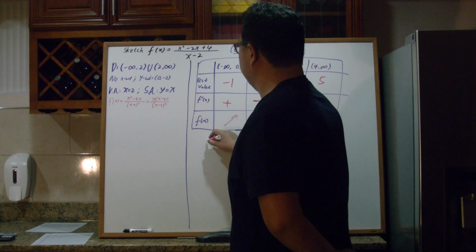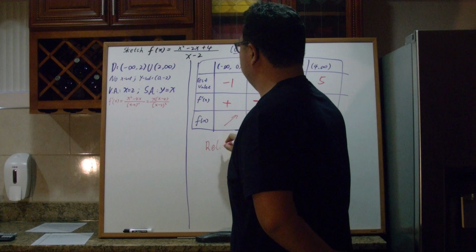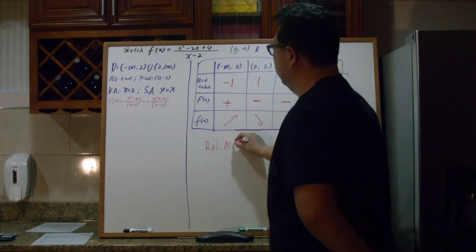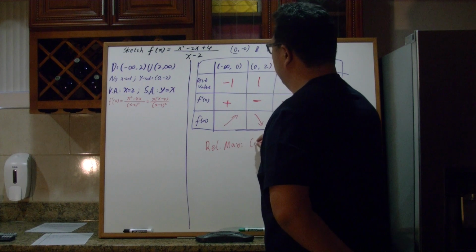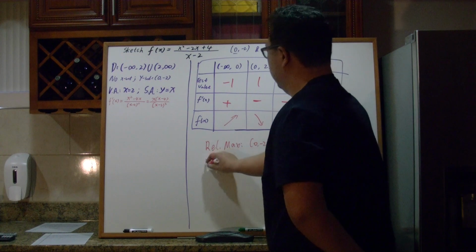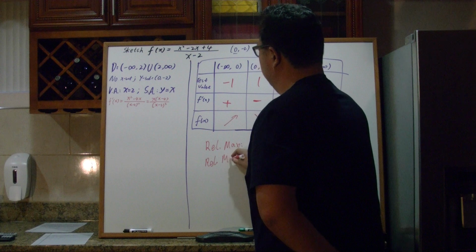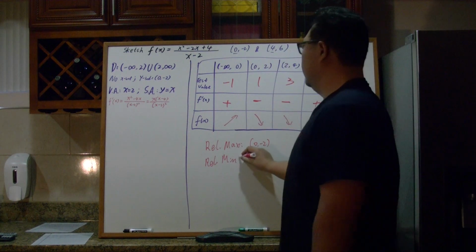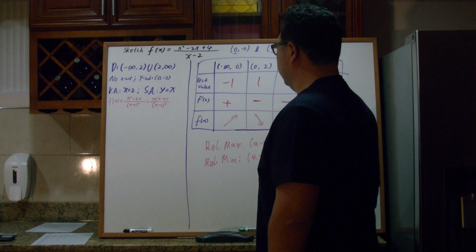Right, so we have our relative maximum is the point 0, negative 2, and relative minimum from decrease to increase at 4 is 4, negative 6.